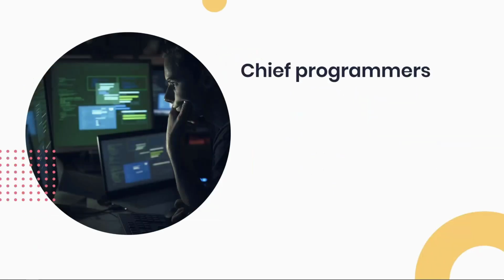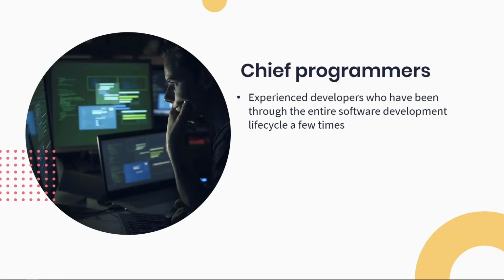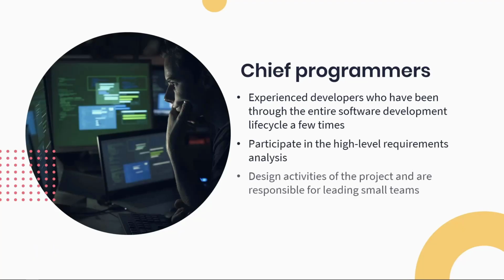The chief programmers are experienced developers who've been through the entire software development lifecycle a few times. They participate in the high-level requirements analysis and design activities of the project and are responsible for leading small teams of 3 to 6 developers through low-level analysis, design, and development of the new software's features.